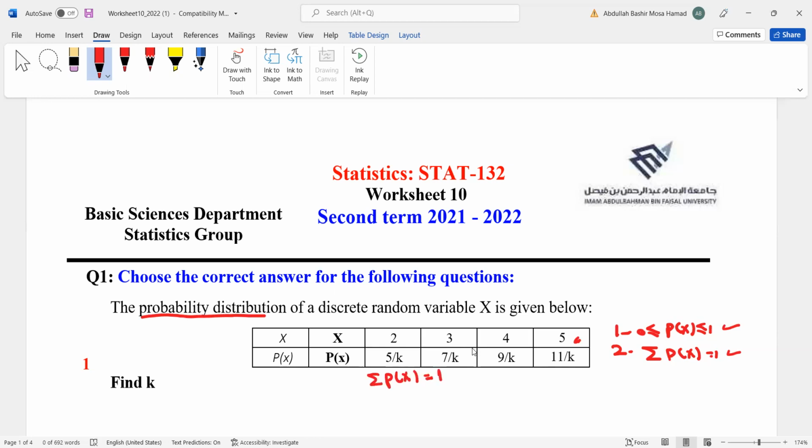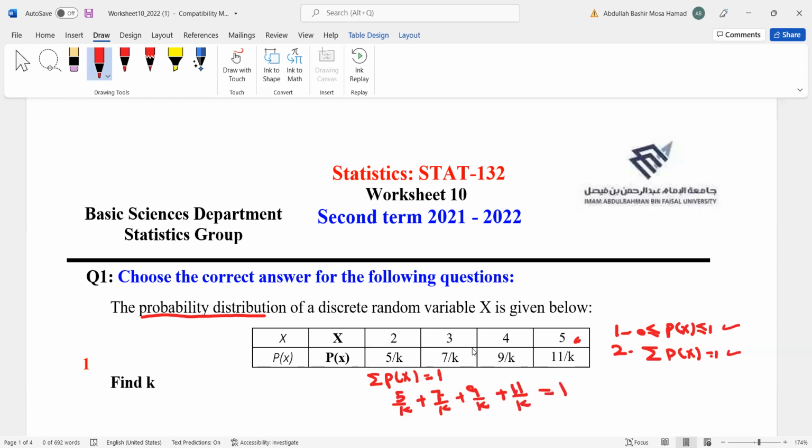So 5 over k plus 7 over k plus 9 over k plus 11 over k should be equal to 1.